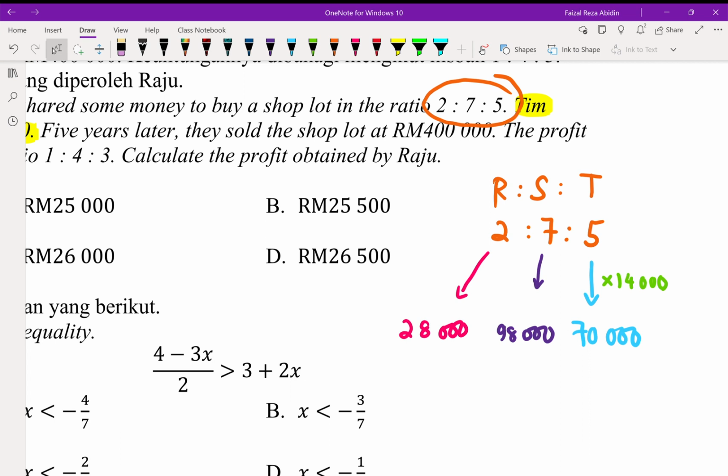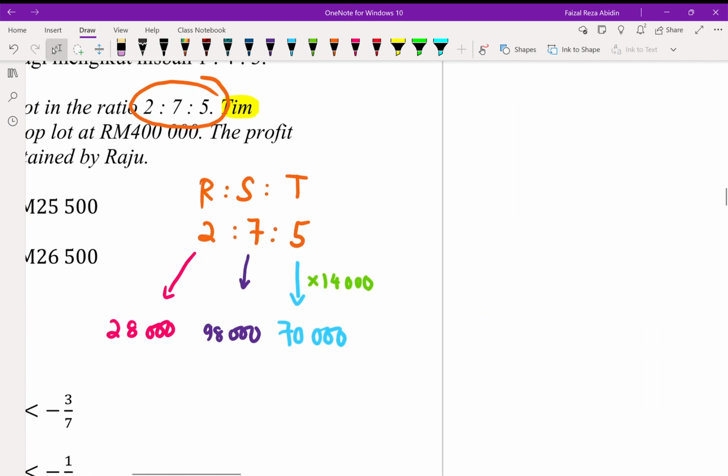Okay, now, can you tell me how much money Raju, Salim and Tim contribute? 28,000, 98,000 and 70,000 plus together. How many? 28 plus 98 and plus 70. 196,000.